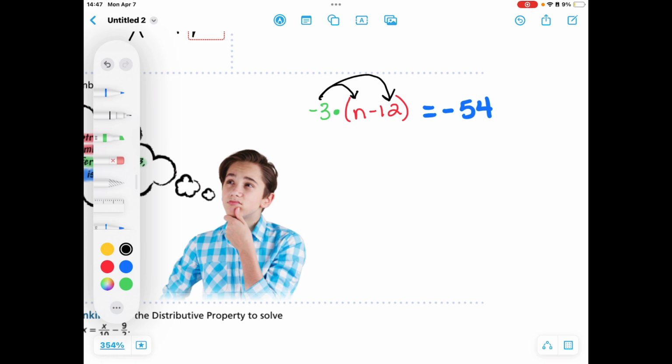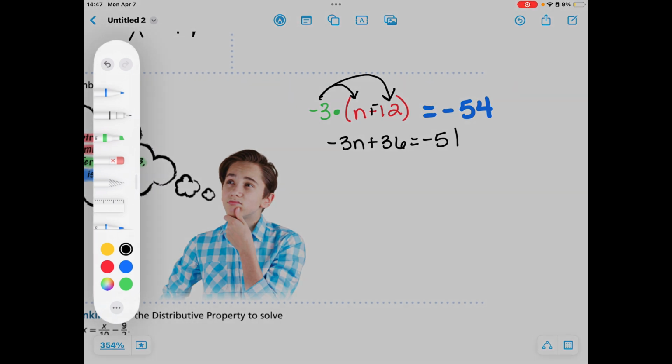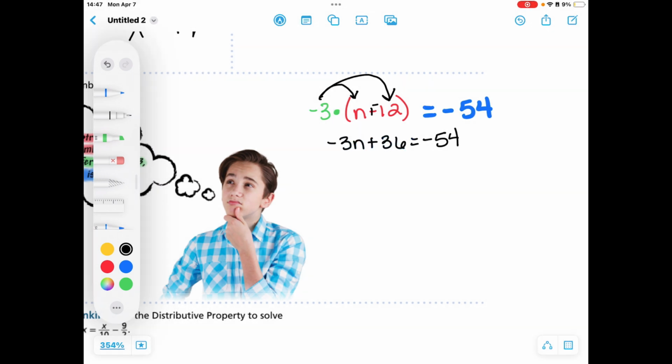Start off by distributing. Negative 3 times n is a negative 3n. Negative 3 times a negative 12 is a positive 36, equals that negative 54. Now from there, we need to get rid of this 36 to work on getting n by itself.